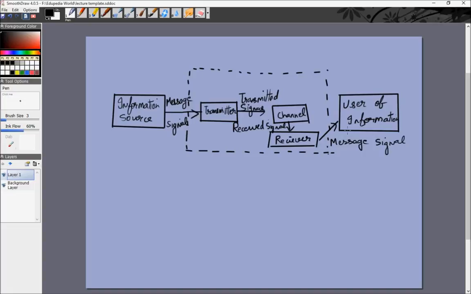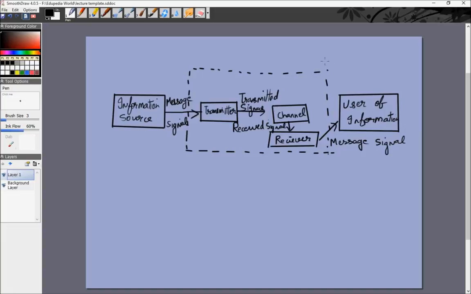Say you wanted to transmit something across lots of televisions, then you would have an information source which would be converted into a type of transmitted signal that can easily be transmitted through long distances without diminishing in magnitude. That would be transmitted through the channel, and then the receiver would take that information signal and convert it into the information signal which the user would want, which would be, for example, audio and video.